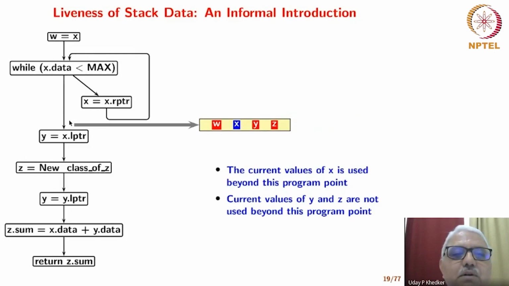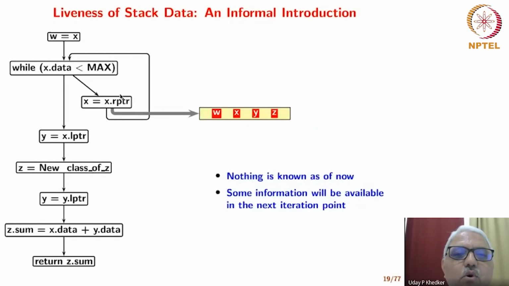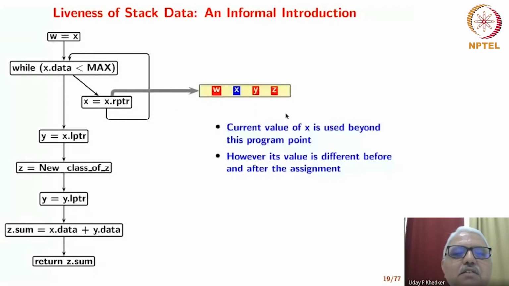Now, in order to perform analysis of this statement, which is in a loop, what we do is we assume that all variables are dead, and we will justify why this is a valid assumption. So we assume that all variables are dead, and then we find out what will be live, and we discover that X is live here. Everything else is dead because X is being read in this particular assignment.